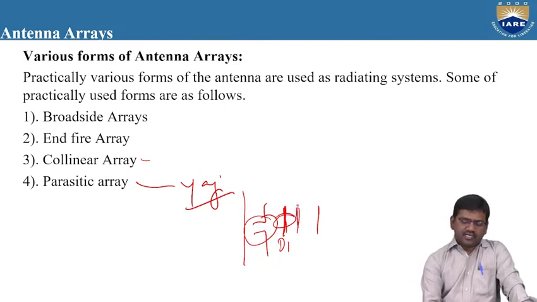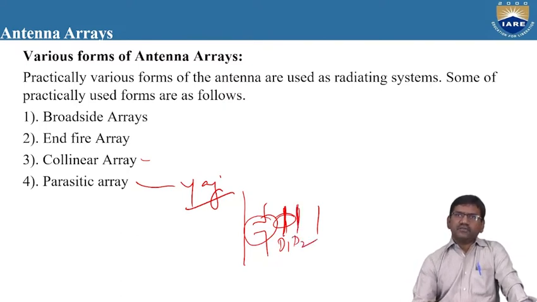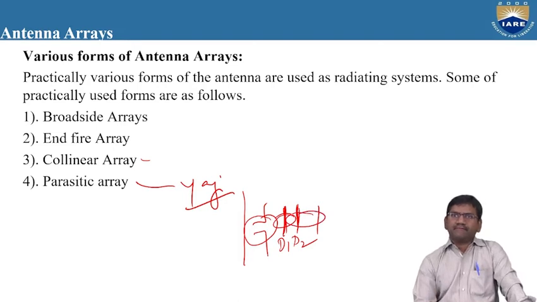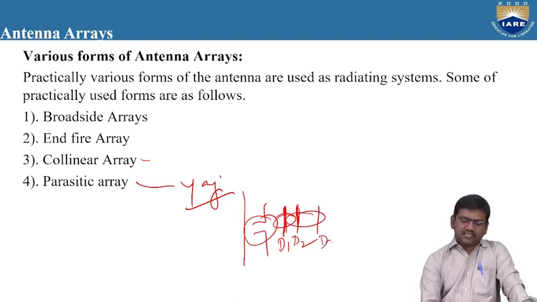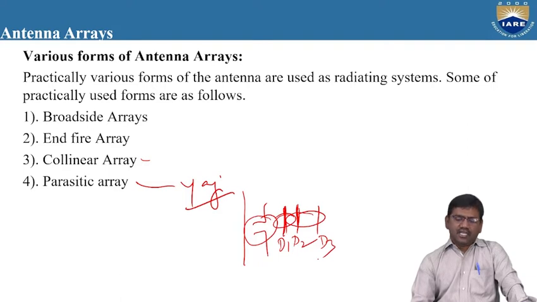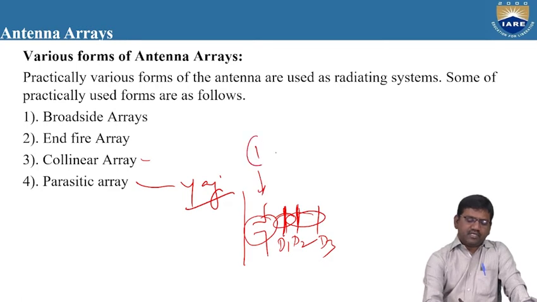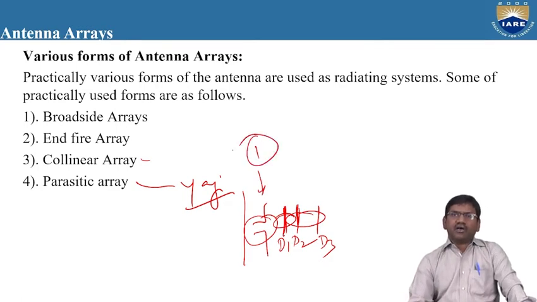Again, some amount of current is induced in the director D2. And similarly, as the current is induced into D2, some amount of flux is circulated around D2. Again, some current is induced in the director D3. So like this, we can see here, the power is given to only one element, and all the other elements get excited due to the power given to element 1.